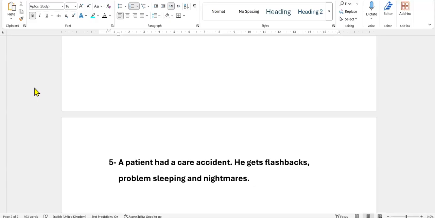Yes, in order to help you with this problem, there are a few things that we can do, a few things that we can try together, and others that you can do yourself. First of all, since the problem with these symptoms that you're having is the stress that you experienced, the accident that you had, maybe we can start our treatment with talking about the accident with a professional.